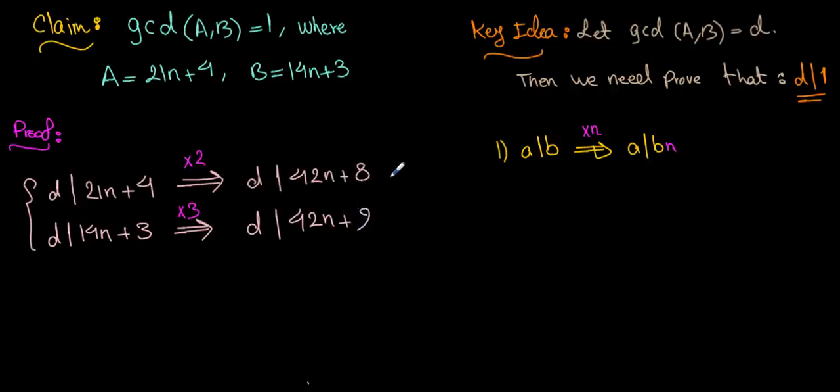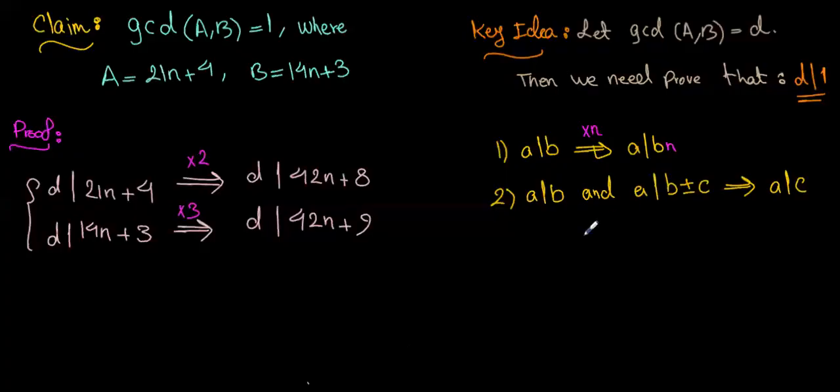So far so good. Let me remind you of another property of divisibility. Right now, based on property 2, I can write this as d divides 42 times n plus 8 plus 1.